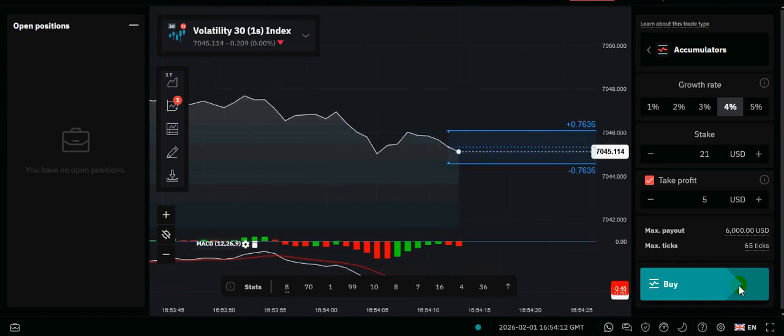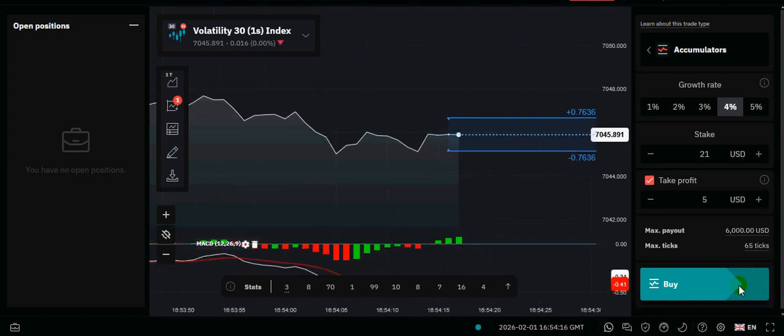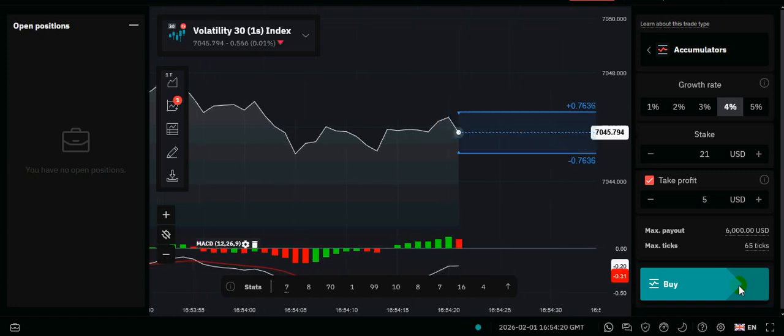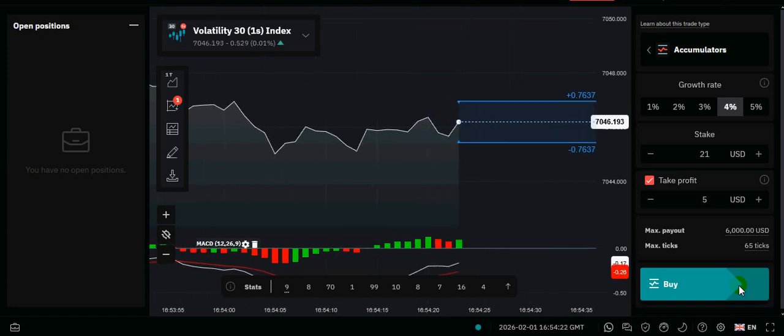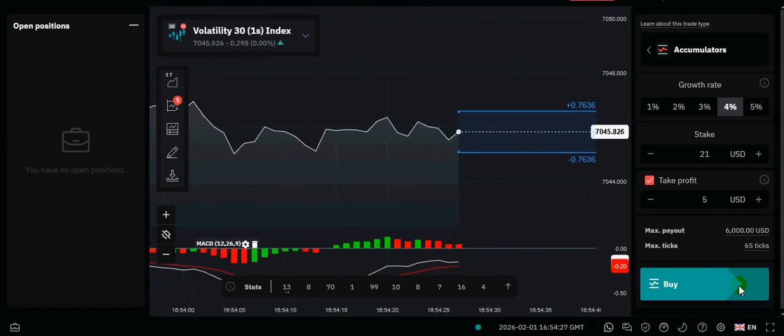So it has rebounded again. You can see how it was. The moment it rebounds, you're going to lose your money. So you have to wait. You have to be patient. Rebounded again.